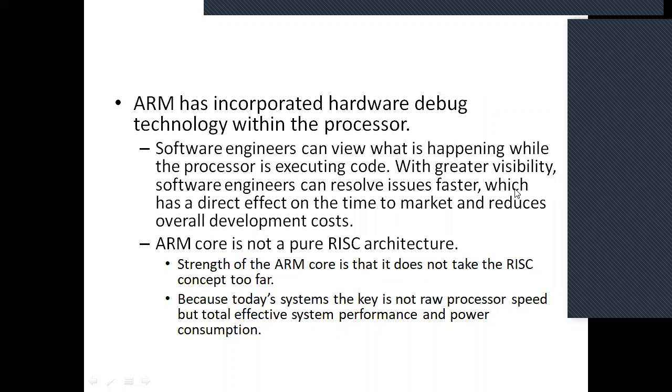When your system is running your software, you can view how actually data is flowing inside the registers and between memory and various IO devices attached to your processing core with the help of that debug unit. With this built-in hardware debugger, which has a greater visibility, software engineers can resolve issues faster, which has a direct effect on the time to market and reduces overall development cost.